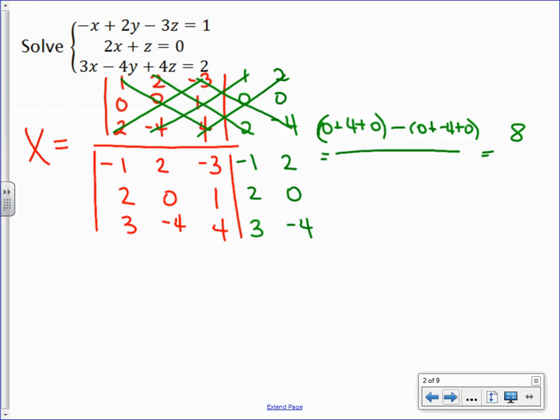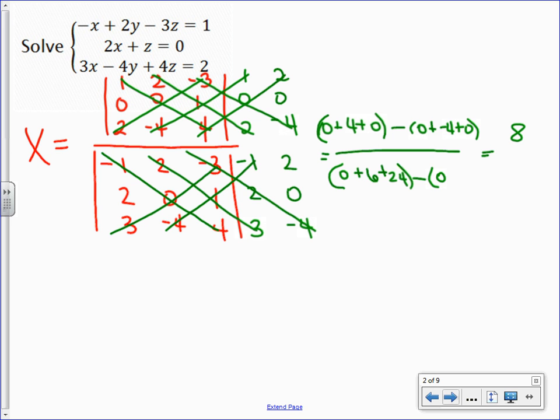Alright. So our diagonals. -1 times 0 times 4. Better, Joey? 2 times 1 times 3. Plus this diagonal. Minus this one. Good. Here.